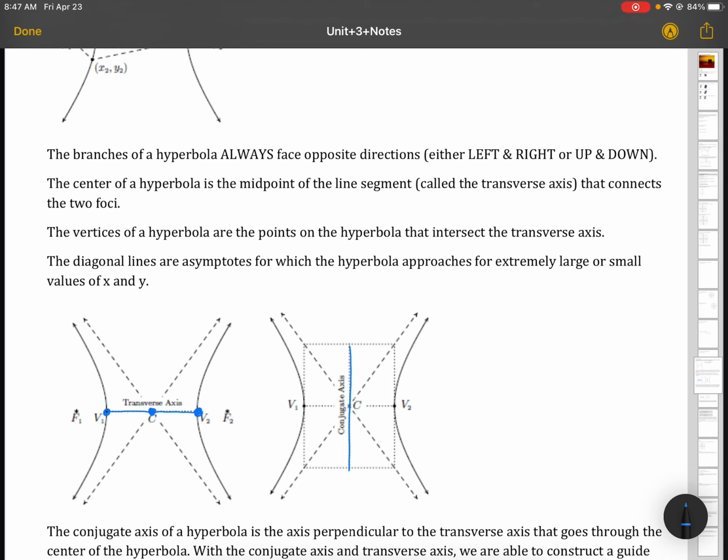They're used to draw the hyperbola, and they happen to be the diagonals of this guide rectangle. The guide rectangle has a width and a length that are equal to the length of the transverse axis and the width of the conjugate axis. And so that's how we make our rectangle. We're going to need that to draw our hyperbolas.